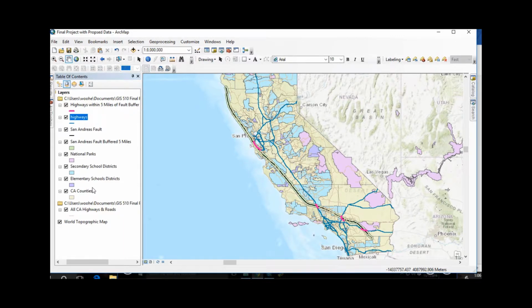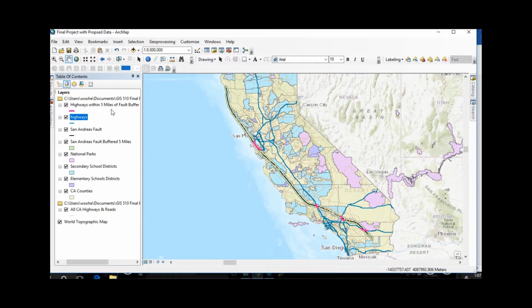For the three analysis questions, I have solved the first analysis question with a couple of geoprocessing steps. This question was to find the total length in meters of major highways that are within 5 miles of the San Andreas Fault. But for time purposes, I cannot go step by step on how I got my answer. However, the resulting shapefiles for the analysis question include this layer displaying only the highways, the San Andreas Fault buffered by 5 miles, and finally all highways that fall within 5 miles of the fault buffer.